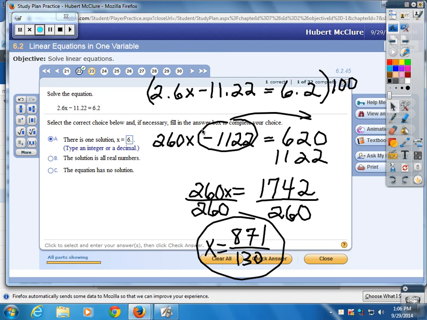Give me the second one. Does anybody have it on their calculator? Is it just put 6.7? That's what I just showed on mine. You got it right. You are a winner. All right, next one.